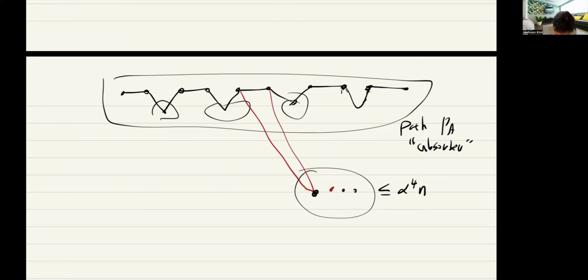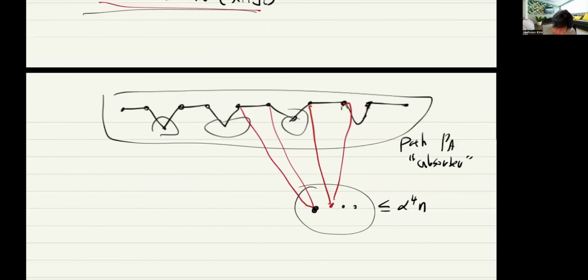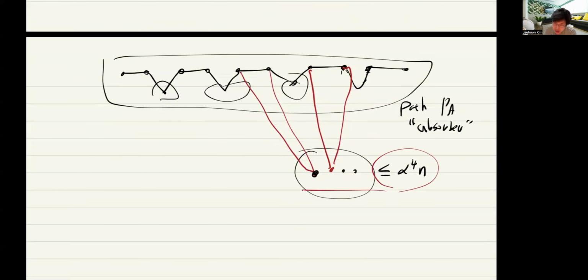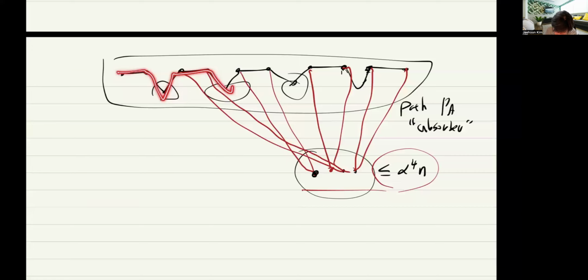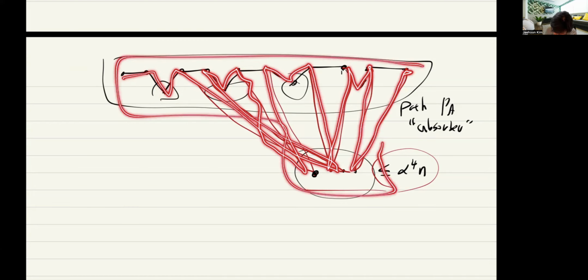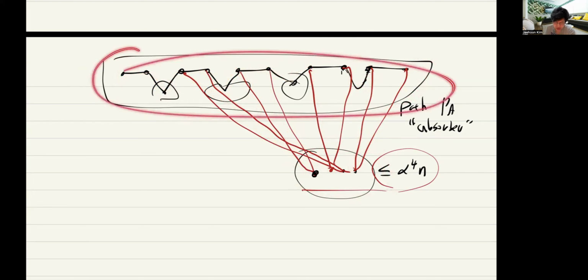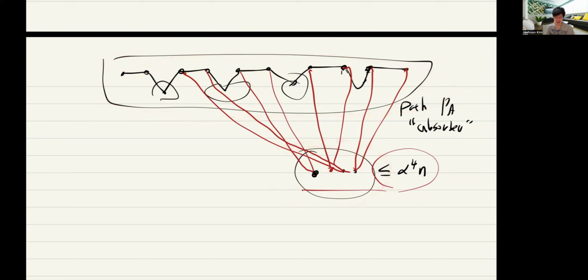And then for the next vertex, you can choose another edge which forms a triangle with it, because there are alpha to the 4 times n choices and this set has smaller size. So you can keep choosing. And then, instead of this path, you can take this path, which uses all the vertices here as well as these vertices. In other words, this path absorbs these vertices.